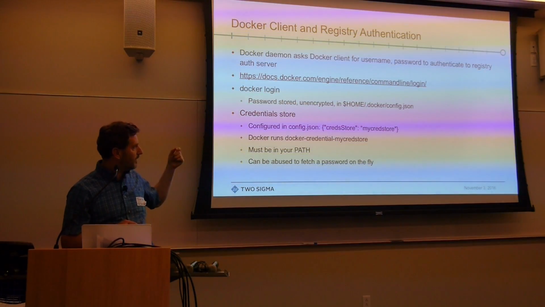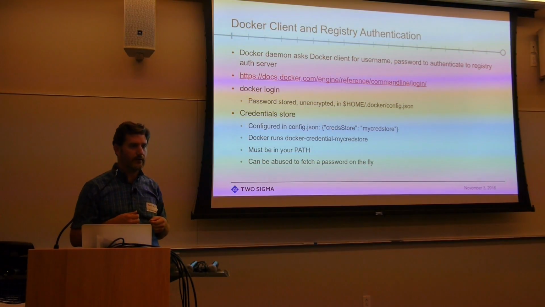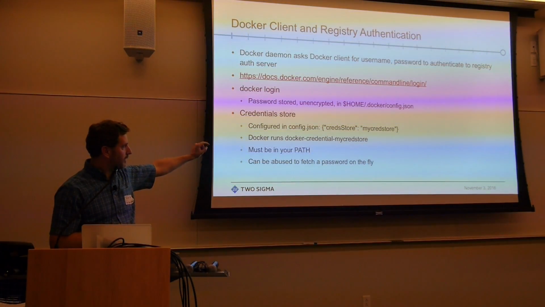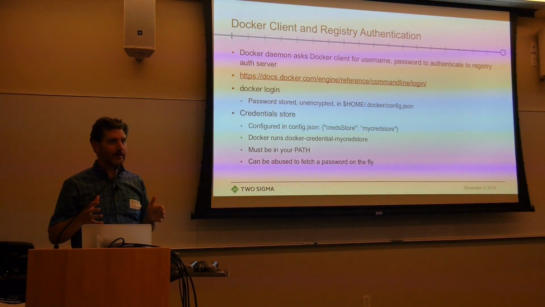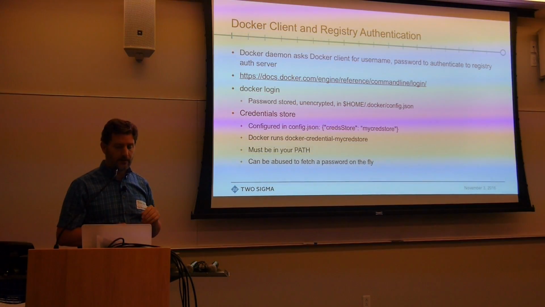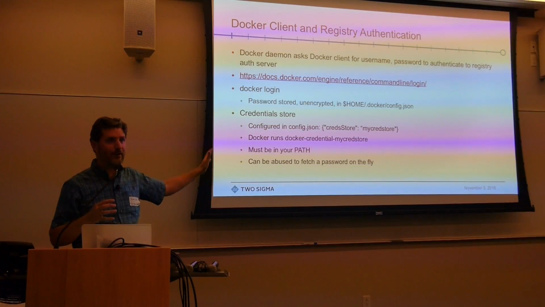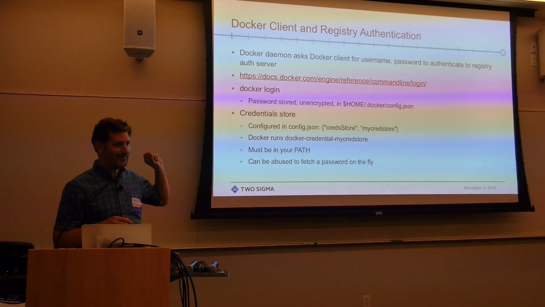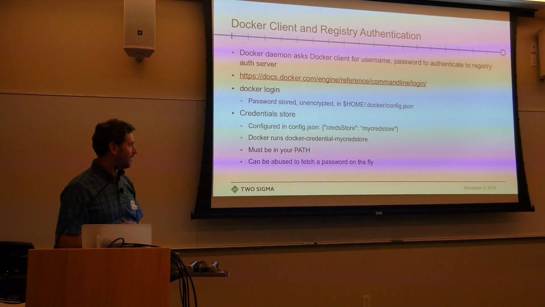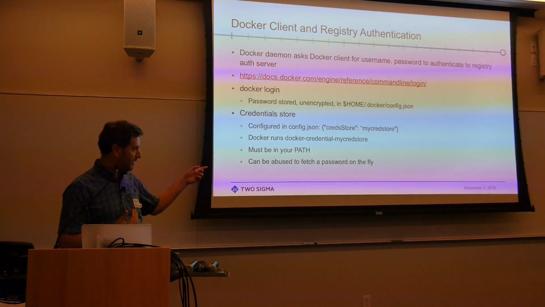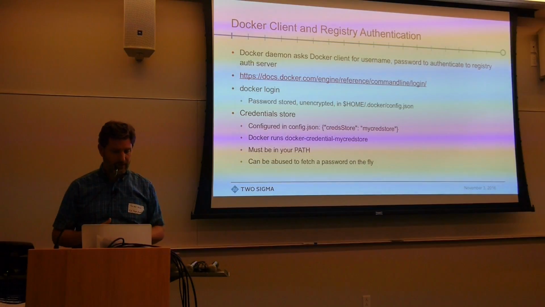What Docker does is, when the Docker daemon says, hey, I need a password for this thing, the Docker client runs docker-credential- followed by that string. And that has to be in your path. I've looked at the code in Docker, and that's all the control you get: Docker just executes docker-credential- and the thing you said. So you need to write one of these that has to have that name, and it has to be in your path.